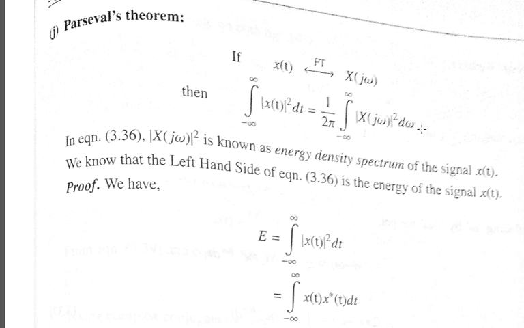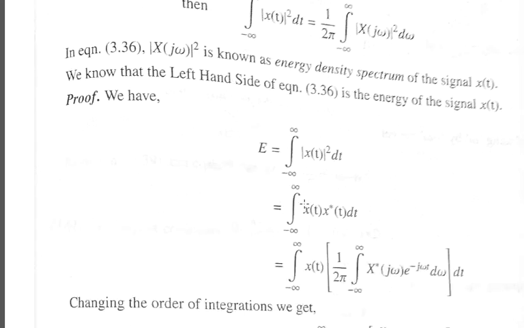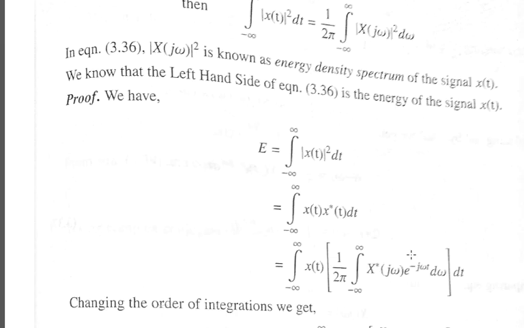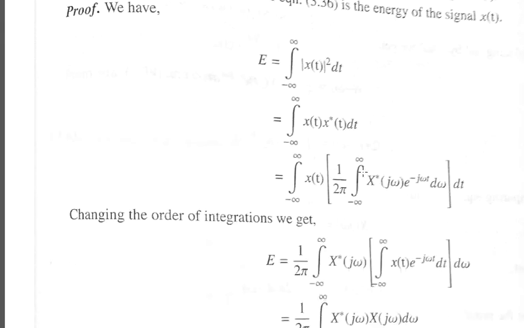The proof goes with E, the energy of the signal, where we consider the complex conjugate, as we did in the case of the Fourier series. This x star of t is expanded as 1 by 2 pi integration of X star of j omega, and as it is a complex conjugate, even though x(t) has the plus sign, it will have a minus sign, d omega.